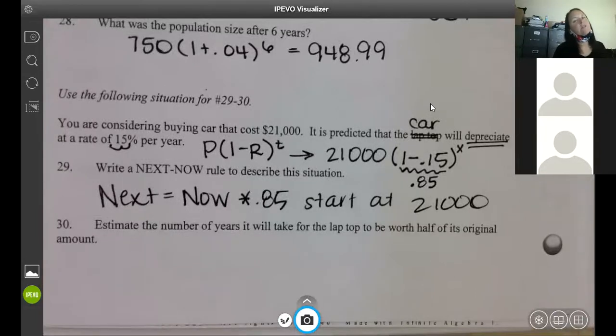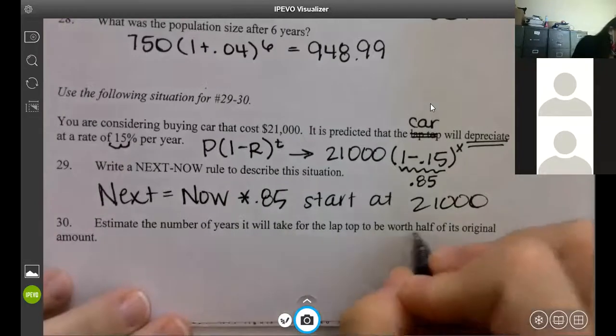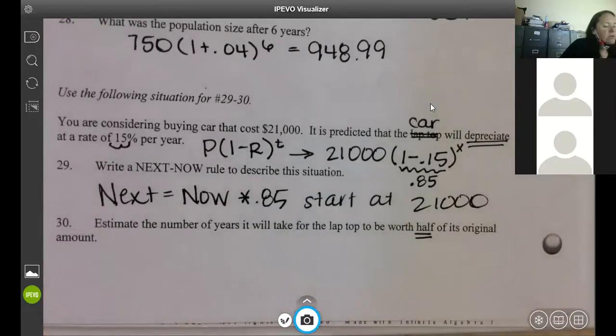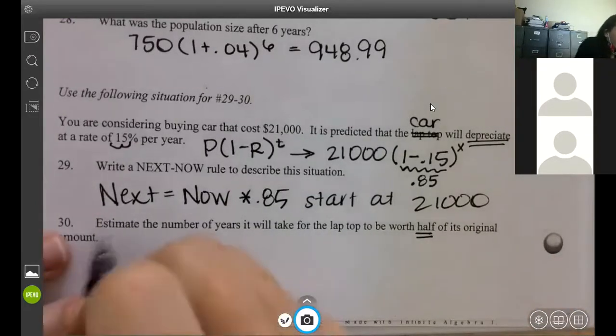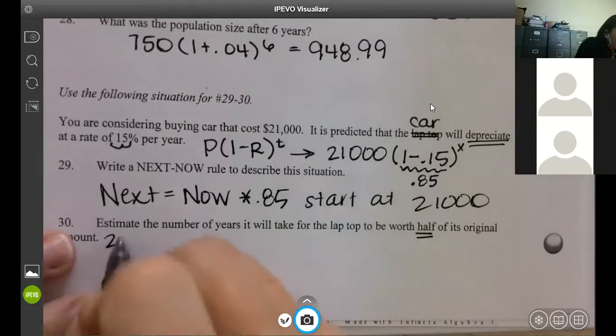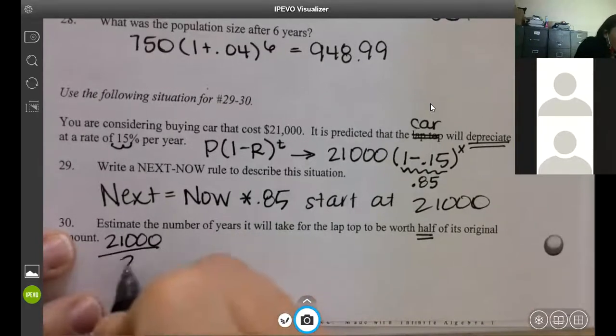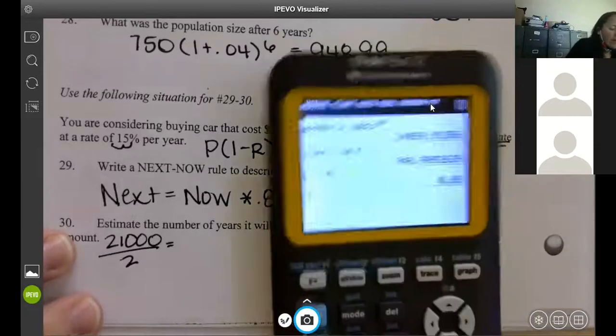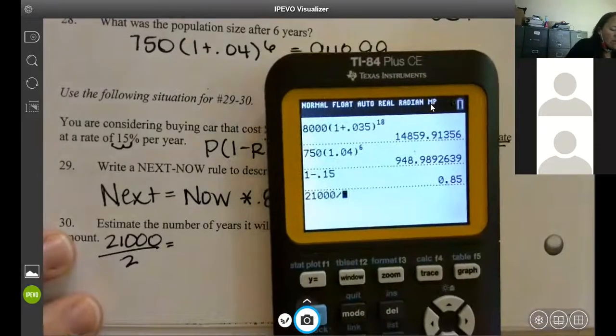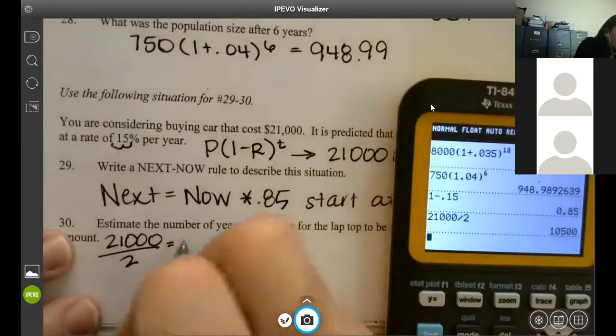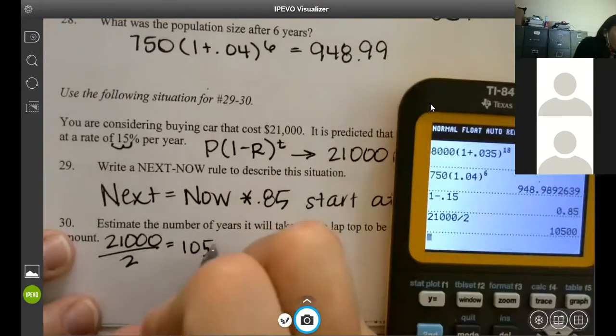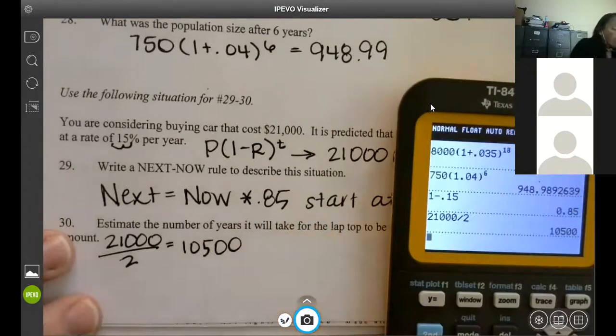All right. So this one's a little weird and we got plenty of time. I'm not going to rush it. It wants it to be half its original. So when you see this, half of its original, what was its original? So we're going to divide that by 2 to get half. So 21,000 divided by 2 equals 10,500.